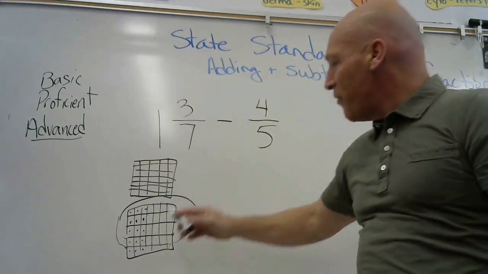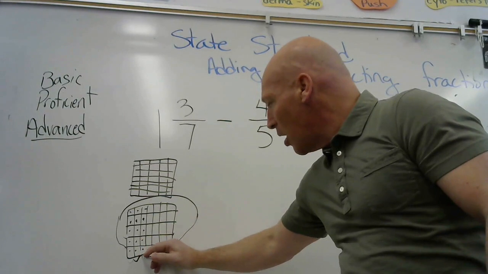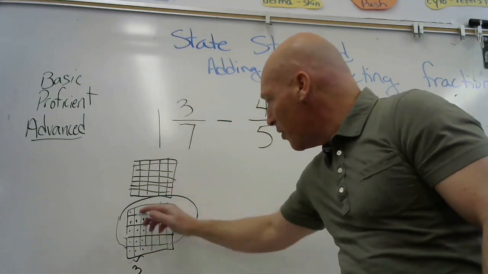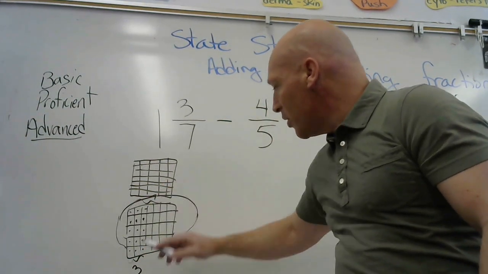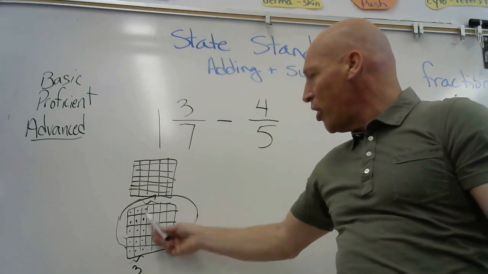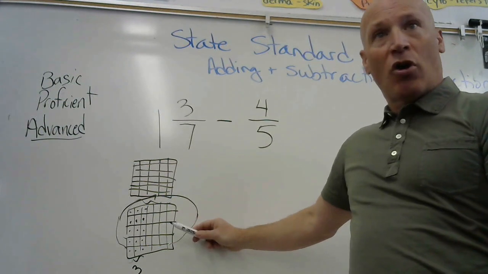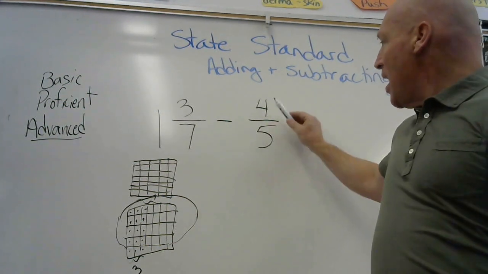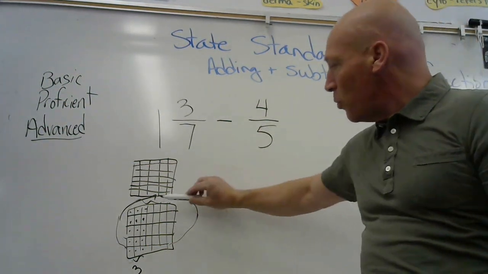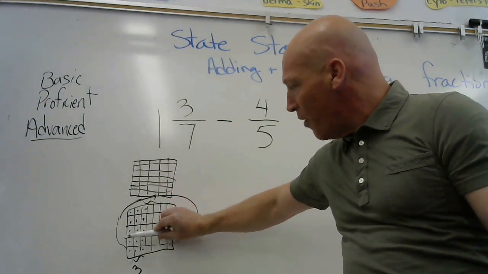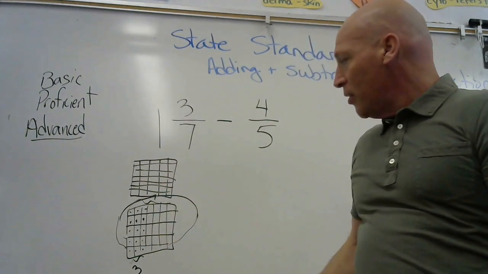This 1 3/7, can you see that right here I have 3 out of 7? So my numerator would be the 3 rows here, and that's out of the 7 rows here. Are you all with me? And then I'm subtracting the 4/5. Well, that's 4 out of the 5.